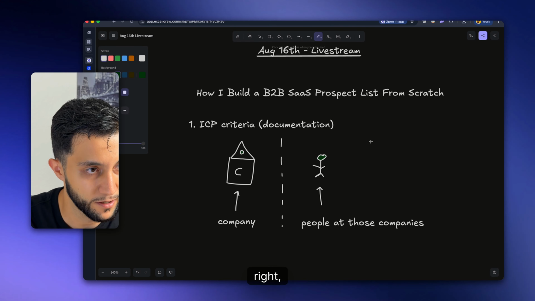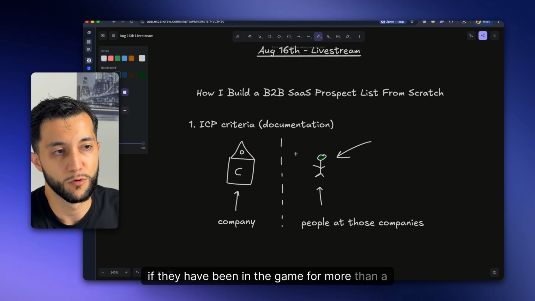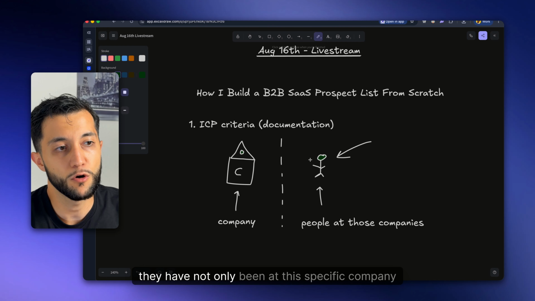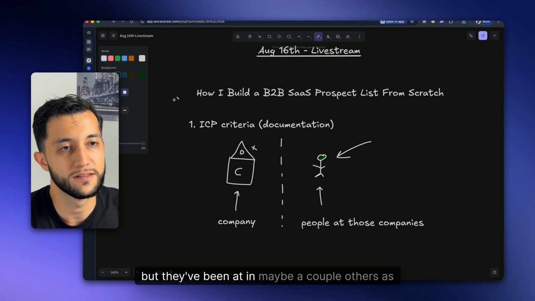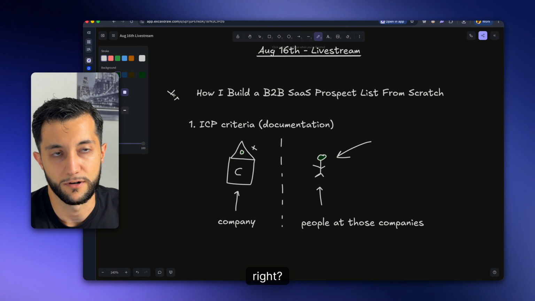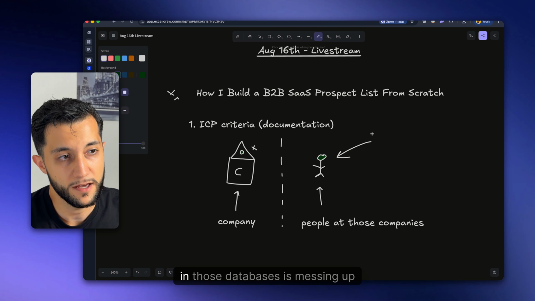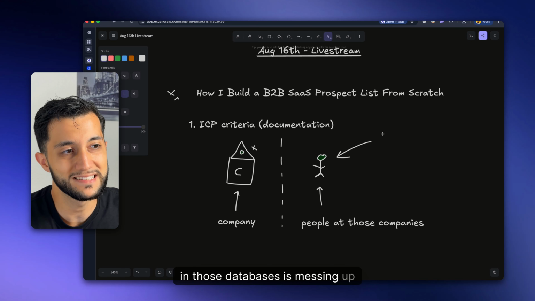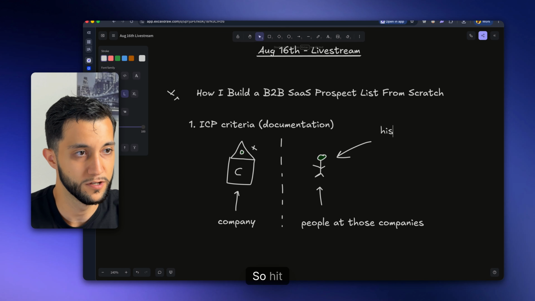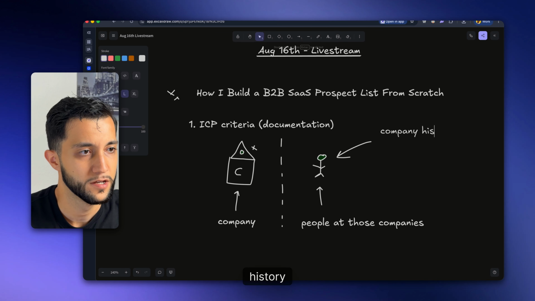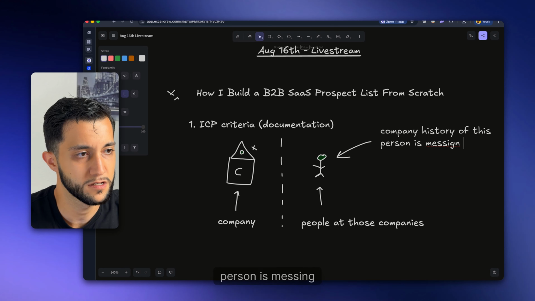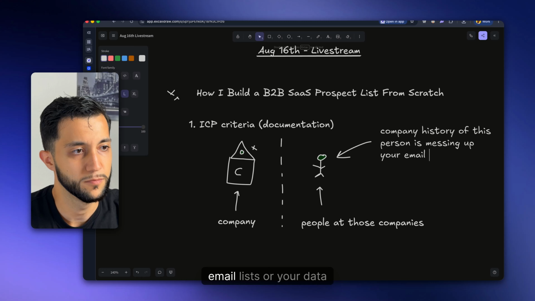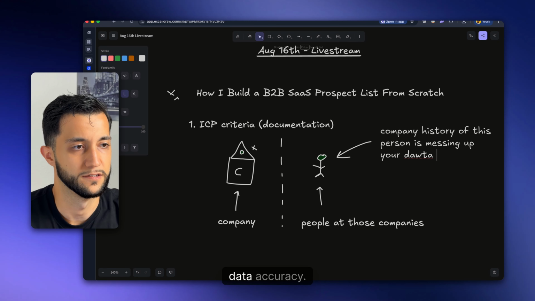Because this person, if they have been in the game for more than a couple of years, they have not only been at this specific company that you're looking for, but they have been in maybe a couple others as well, right? And that history in those databases is messing up the accuracy. So the company history of this person is messing up your email lists or your data accuracy.